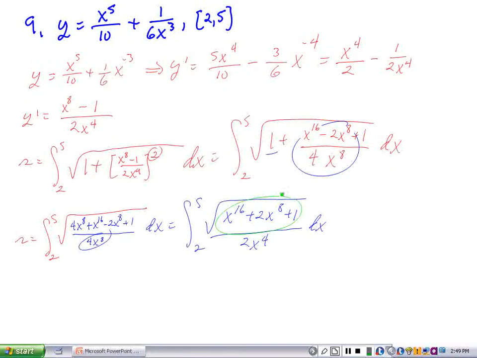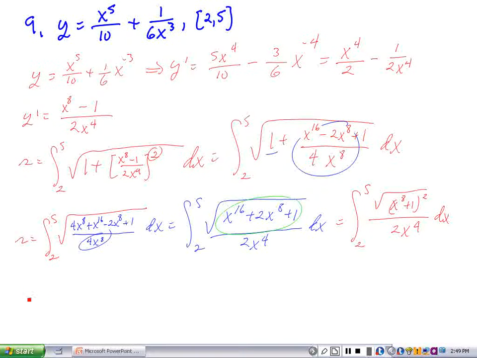This is a perfect square trinomial right there. So this is the integral from 2 to 5. This is the square root of x to the 8th plus 1 to be squared, and the square root of that all over 2x to the 4th dx.